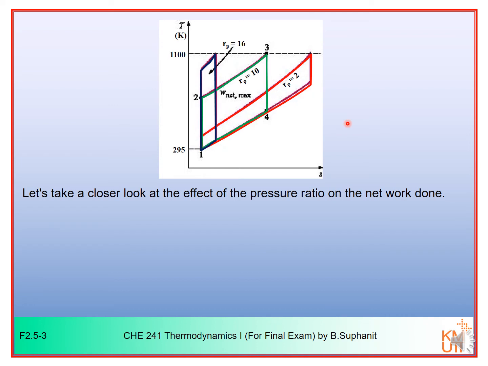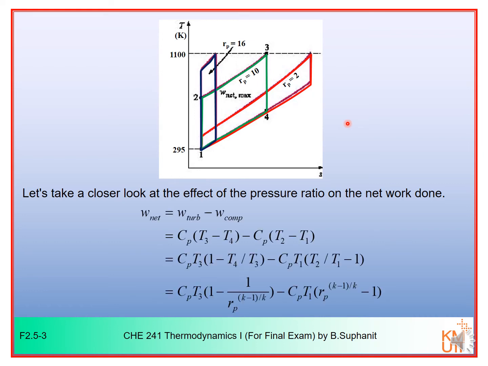The compressor work and the turbine work can be determined by doing the energy balances around the compressor and the turbine. We can then write the net work output as a function of temperatures. We have to manipulate this equation to write the net work output as a function of pressure ratio.